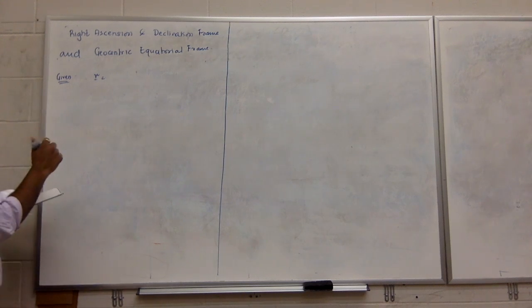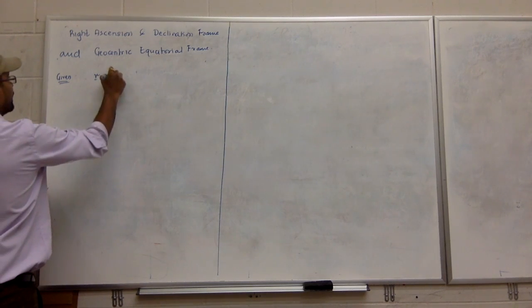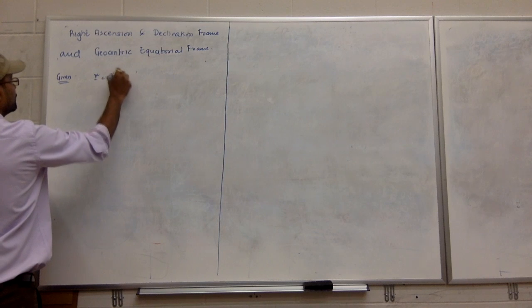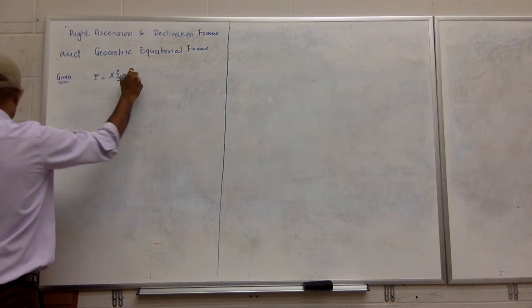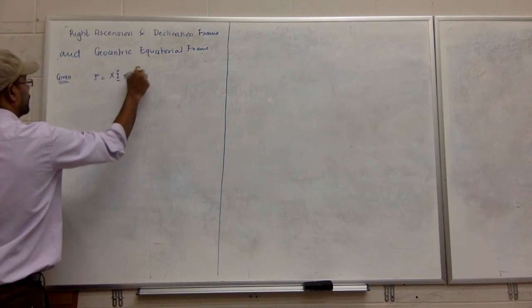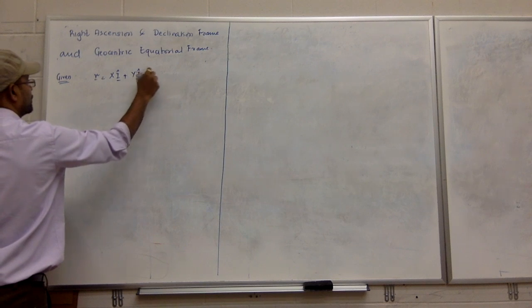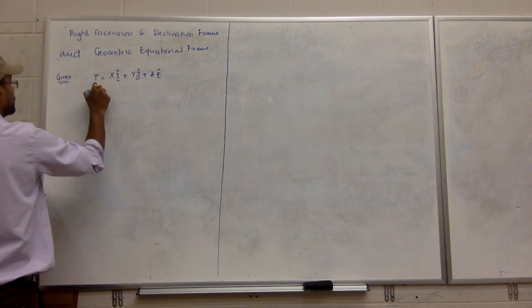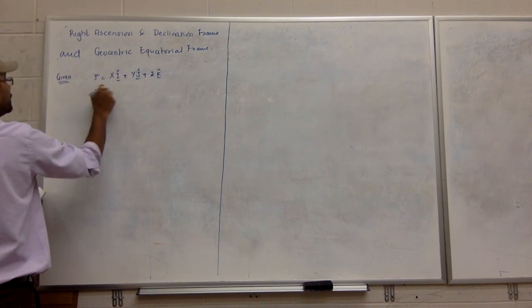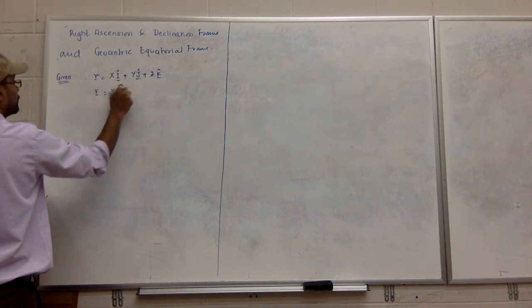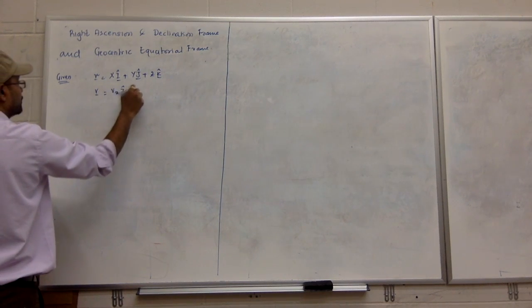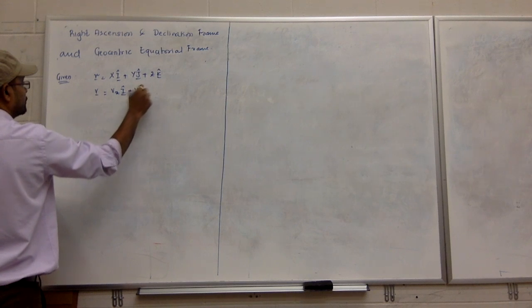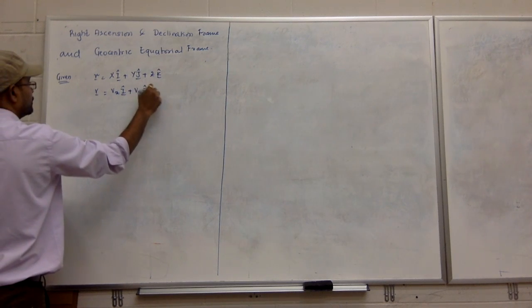Yeah, I'll do 4.1. R equals xi plus yj plus zk, and let's say b is bxi plus byj.